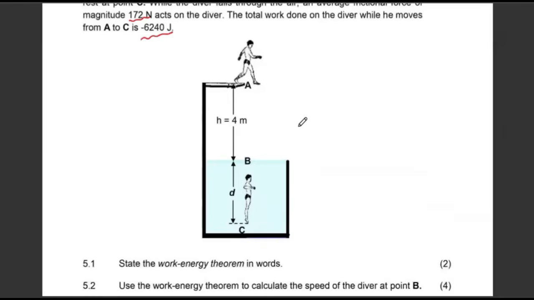Okay, they want us to state the work energy theorem in words. So these are free marks, guys, whenever you see this question, because it's always there in almost all the papers.